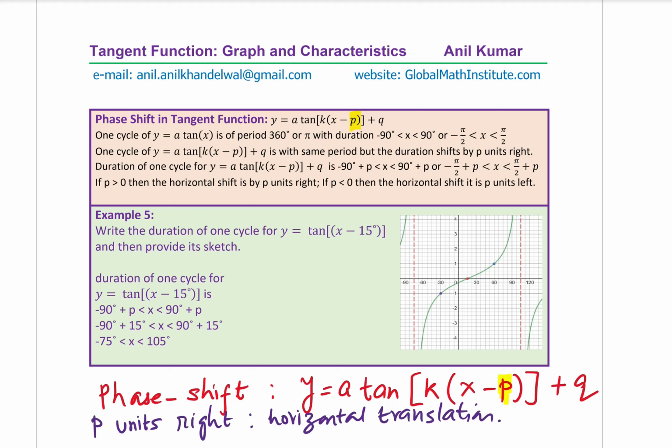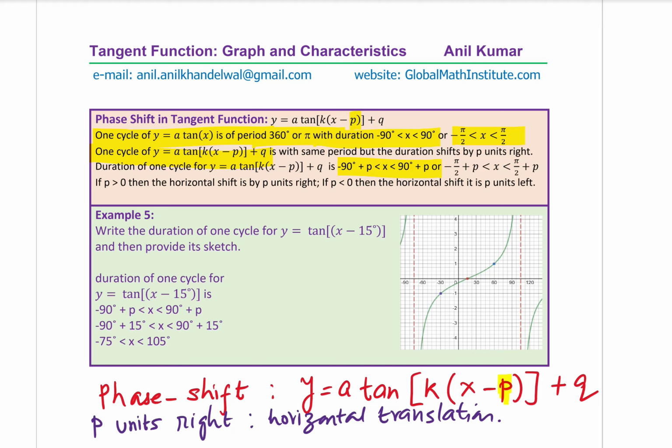What you are really doing is shifting the whole cycle. One cycle of y equals tan x goes from minus 90 to plus 90, or minus pi by 2 to plus pi by 2. But one cycle of the transformed function is shifted p units to the right, so it goes from minus 90 plus p to 90 plus p.